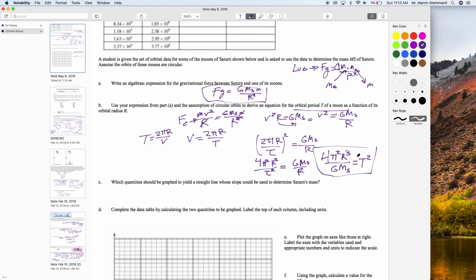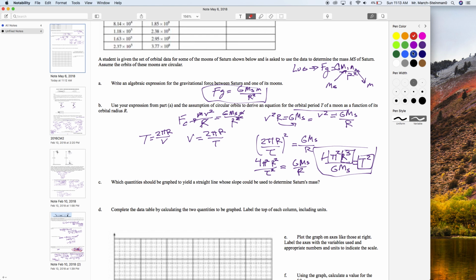Looking at this, what I see is I have some equation here for period, and it's equal to some equation here modifying my r cubed. So to make a straight line, I have to graph this quantity versus this quantity, and everything else isn't a variable, so these are constant values. It's a constant in front, which represents my slope.